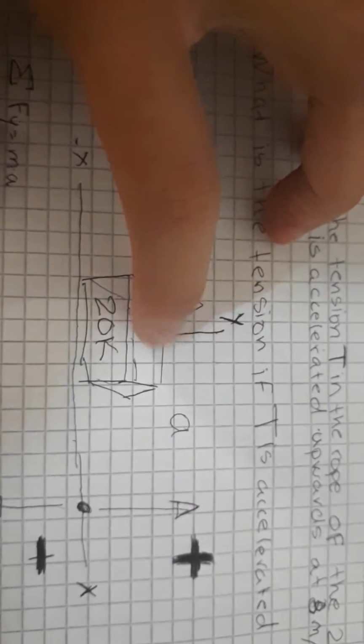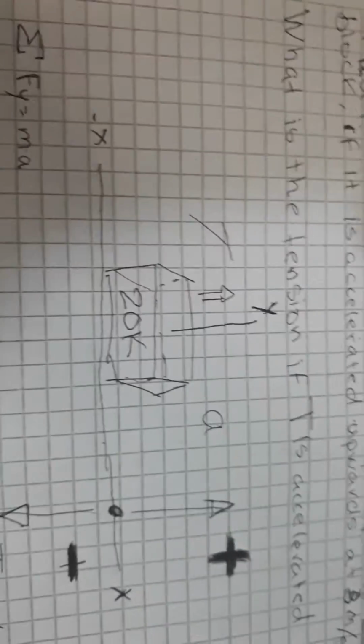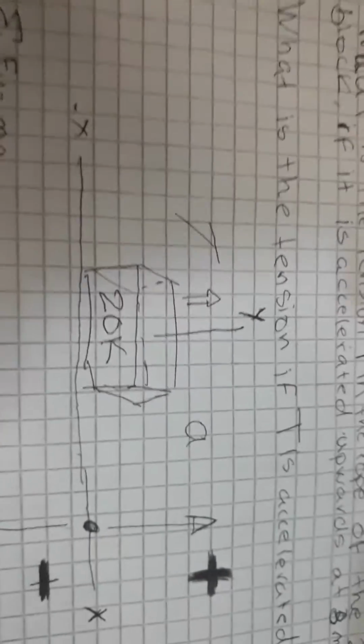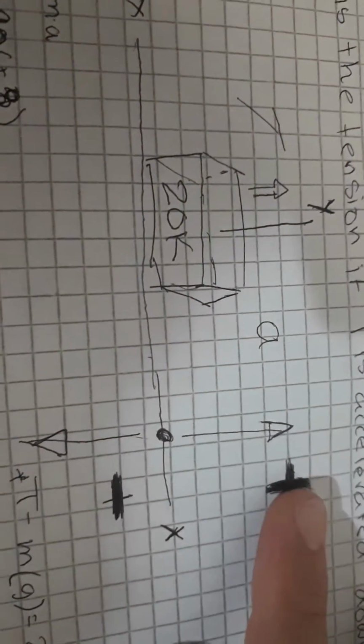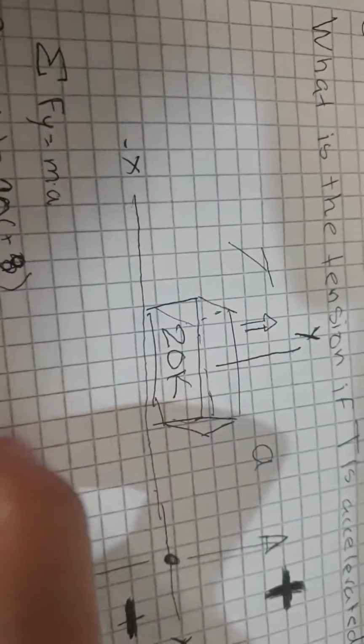So first of all, we're going to do the graphic. We have the cord, meaning the tension. This is an x and y axis, like a coordinate plane. If it's accelerated upwards, we have a positive value, and if it's downwards, we have a negative value. Some values are always going to be negative, like gravity, because it's always going downwards.